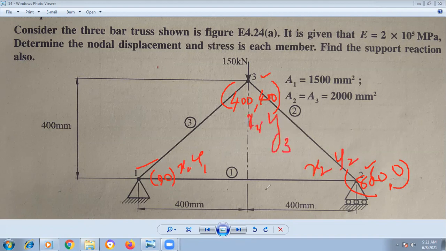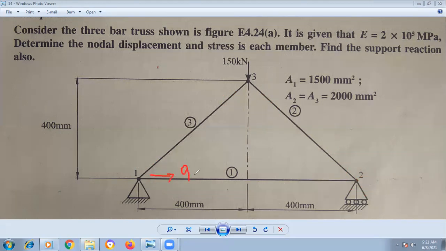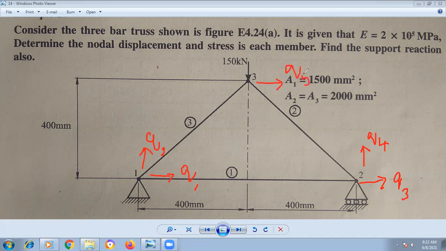When I write the finite element model, node 1 will have displacement along the horizontal direction first, that is q1, then along the vertical direction, it is q2. At node 2, q3 is horizontal displacement and q4 is vertical displacement. At node 3, q5 is horizontal displacement and q6 is vertical displacement.